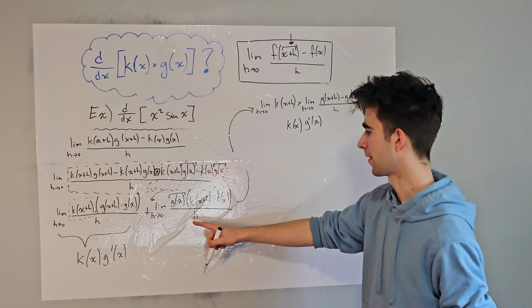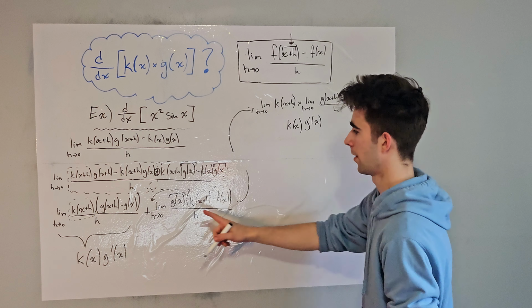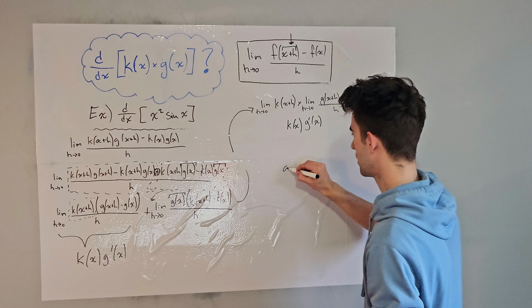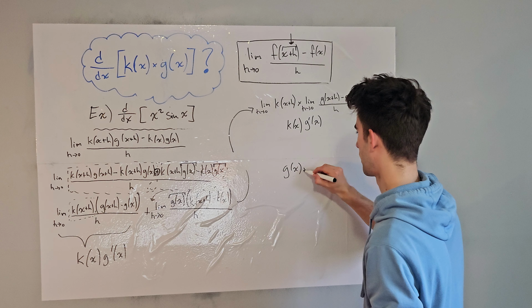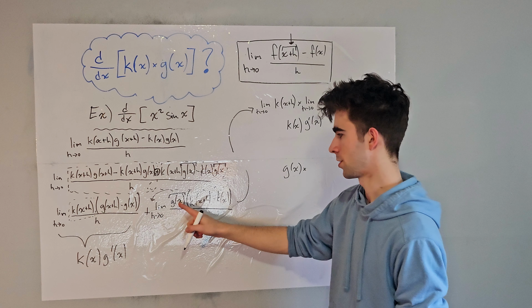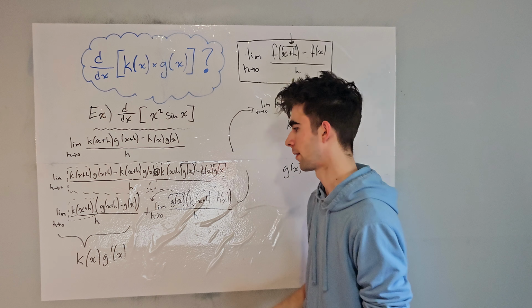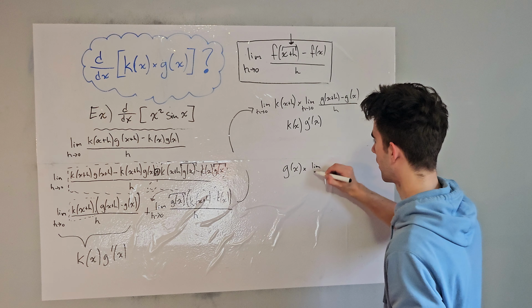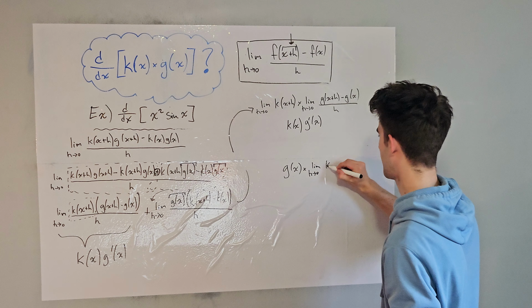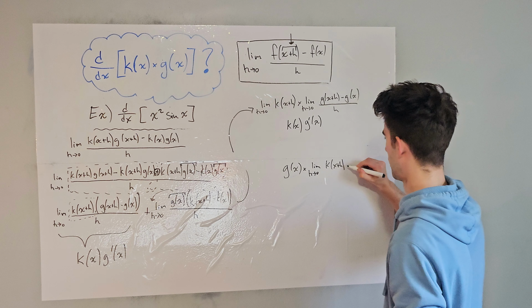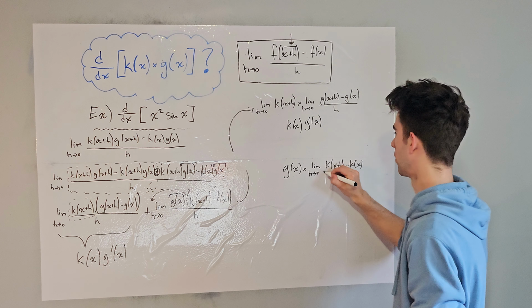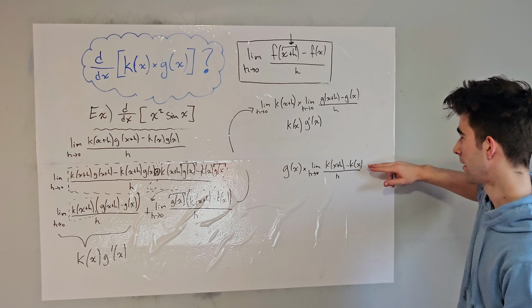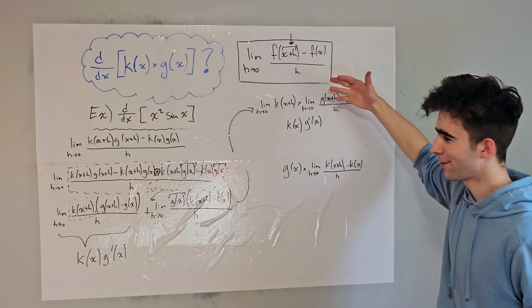All right, let's work on the second part. So I said we'd be pulling out the g of x to the front, so let's do that. g of x times, and we can do that because there's no h in it. We're not taking the limit anywhere in that term. Times the limit, as h approaches 0, of k of x plus h minus k of x all over h. And again, you might be noticing that's just our definition of a derivative.